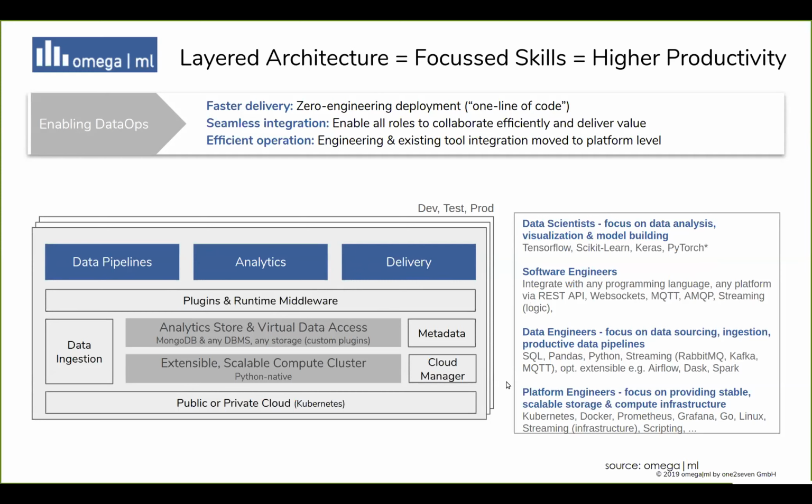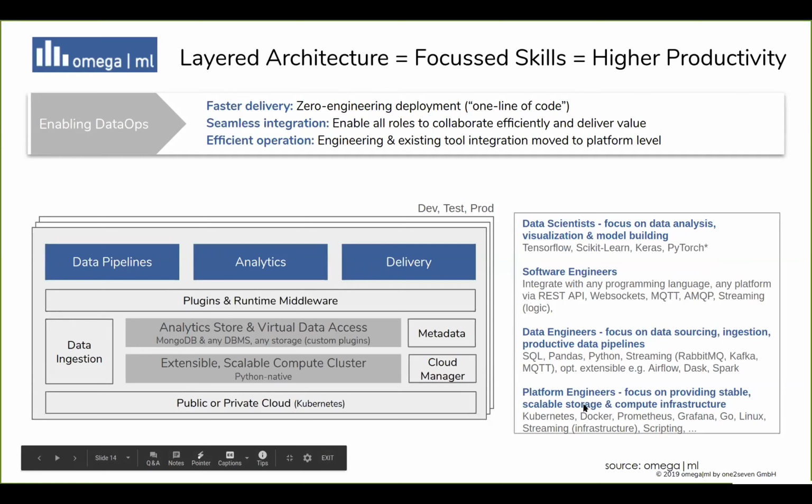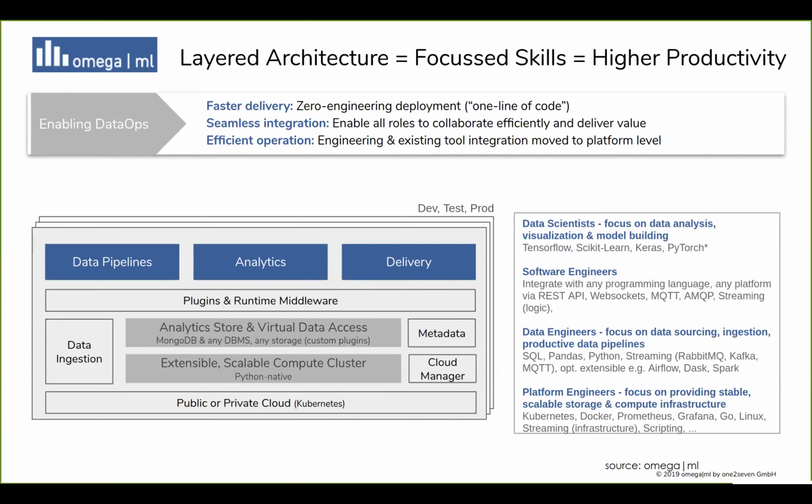Similarly, if you have a platform engineer, a DevOps engineer, they can concentrate on providing what is here grayed out a little bit as the background architecture, which contains the databases and the computation nodes. And so platform engineers can really manage all the platform side without having to become a dependency for the data scientists and data analyst teams.